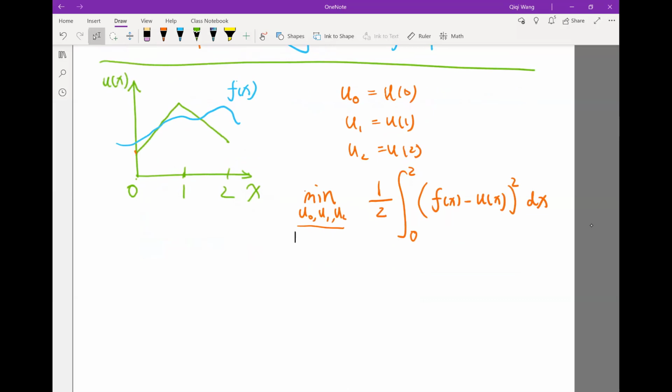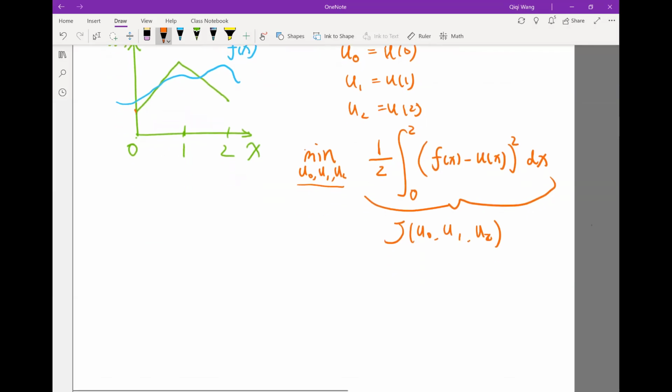Let's denote this as j of u0, u1, u2. So it's a function that has three inputs and one output.